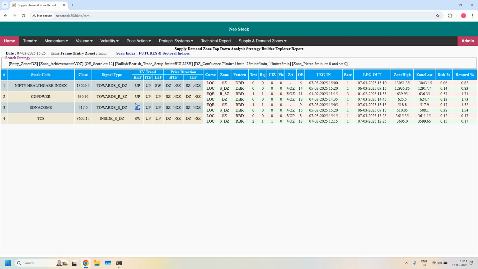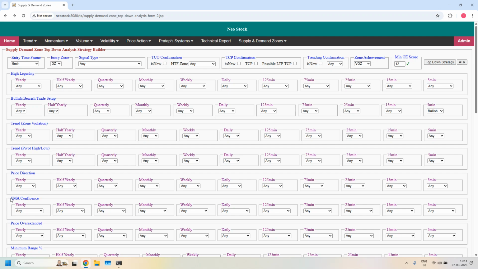If any of these 3 stocks are having 75 minutes demand zone with daily EMA confluence, then these 5 minutes demand zones could be more high probability to get the success. Let's verify. In the EMA confluence at 75 minutes time frame, we are setting 75 minutes demand zone having daily EMA confluence or not.